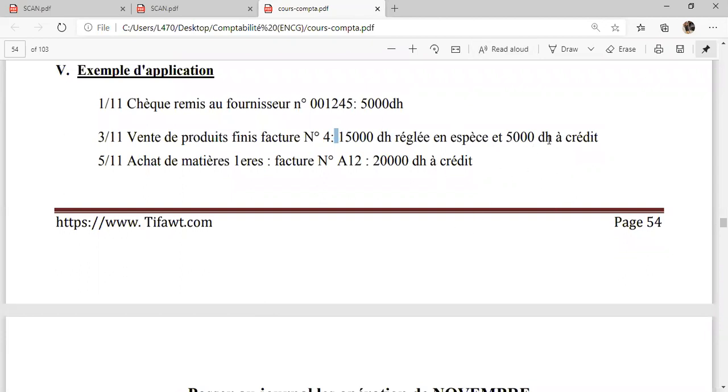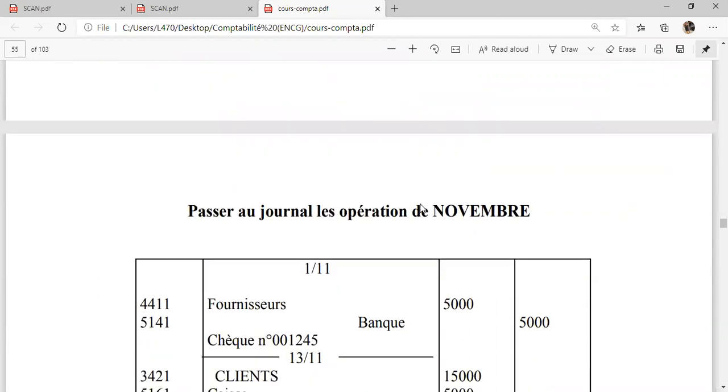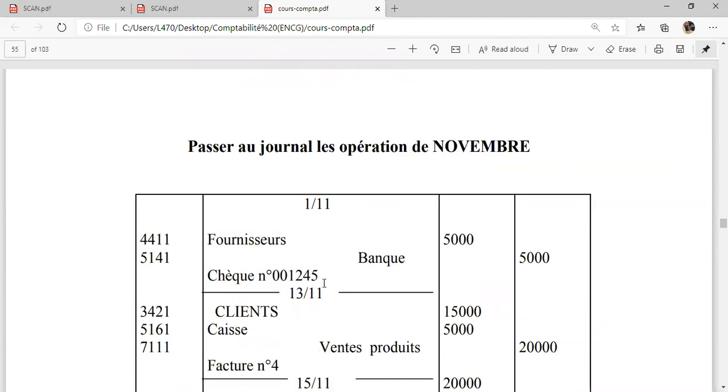If you get something on credit, it's not supposed to be written cash. So I don't know what's with the mix match. Then we have 2 things because the person didn't pay for the goods in full. He didn't pay the full amount for them there and then. So we're going to have 2 accounts that are going to be debited, which is the client account and the cash account. And for the credit side, we're going to have vente des produits.